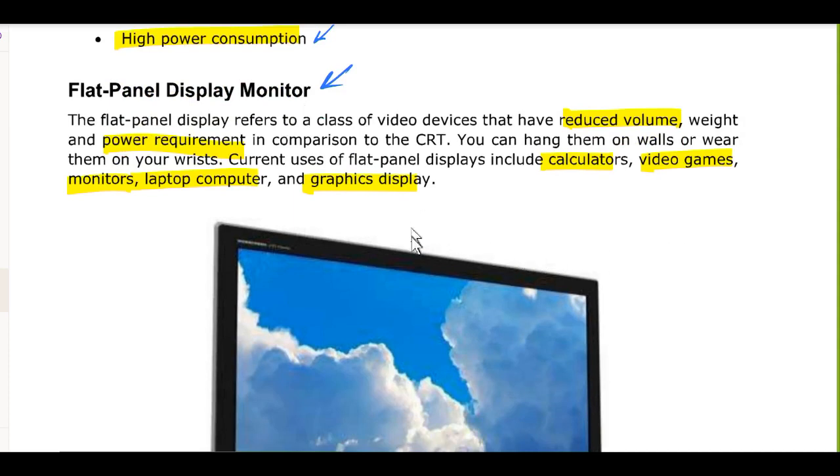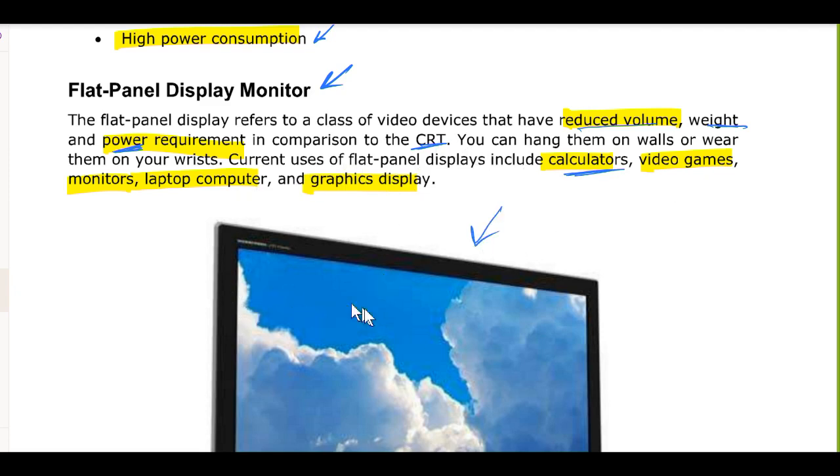These ones have reduced size or volume and reduced weight, and they have much less power consumption when compared to the CRT. The other idea about them is that they are quite common. You find them in calculators, video games, laptop computers, etc. So this is not the only one.